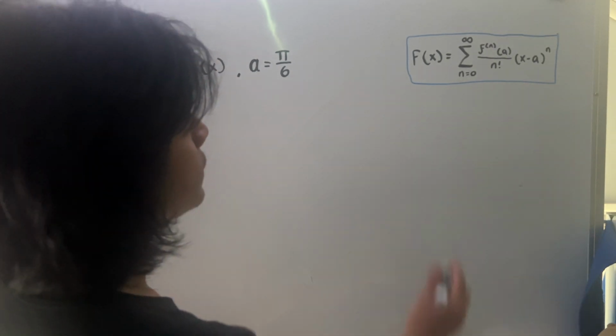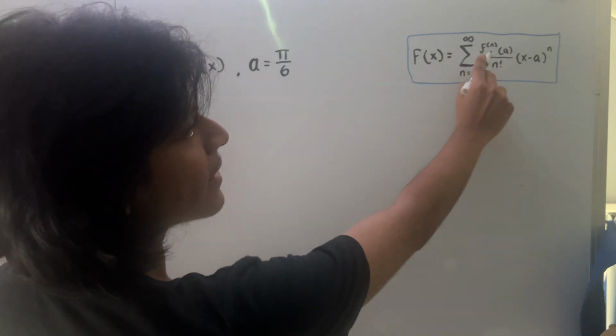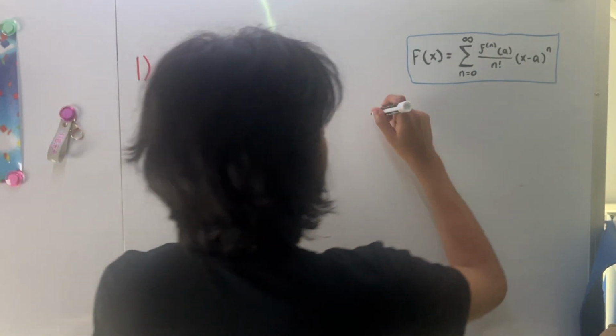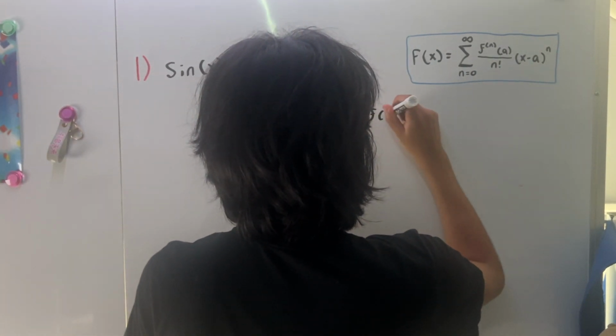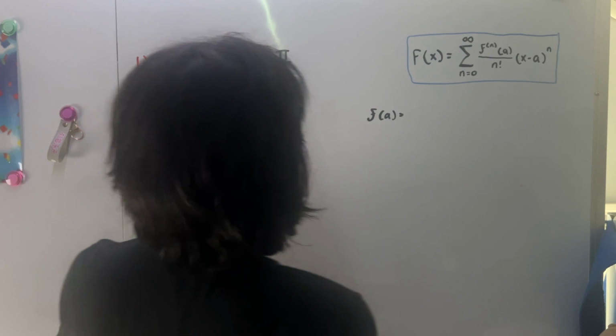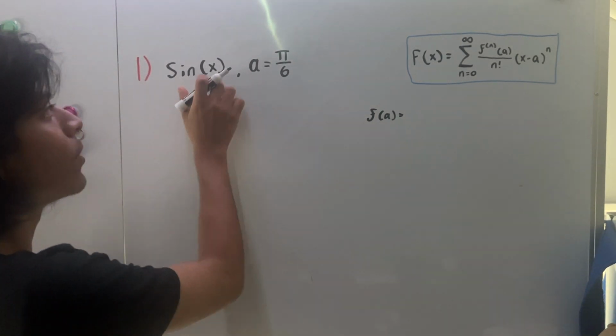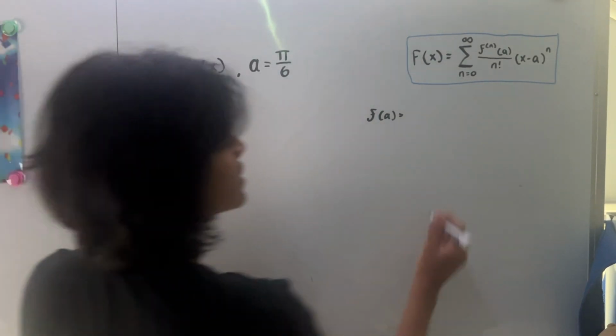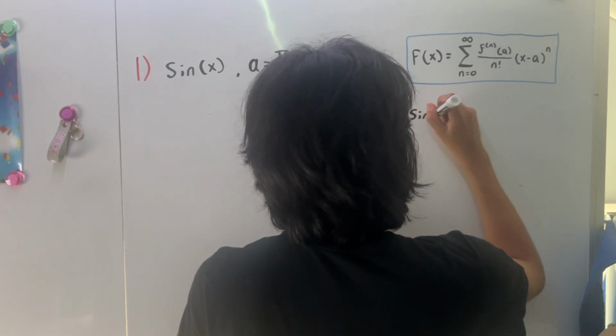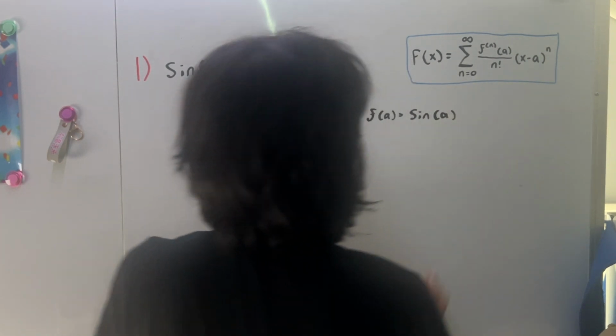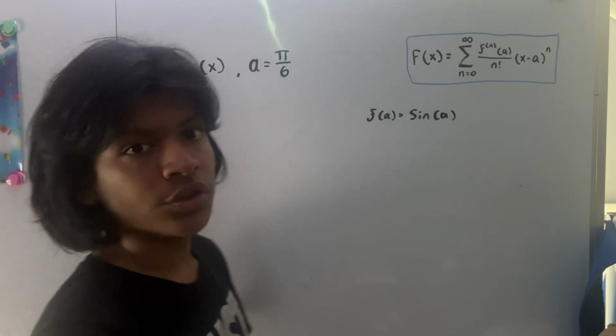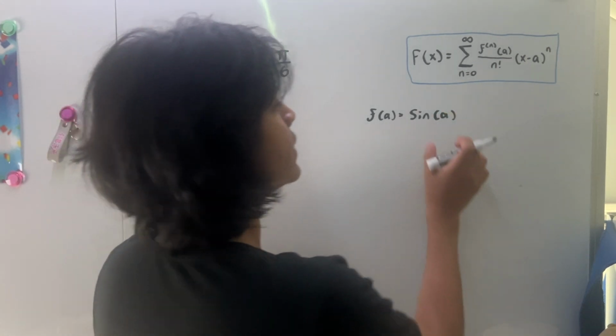So first thing that we're going to do is again attack this part right here. So we're going to have f of a. That's just plugging in a for our normal function. So that's just going to give us sine of a. And this time what we're going to do is just plug in a directly into here.